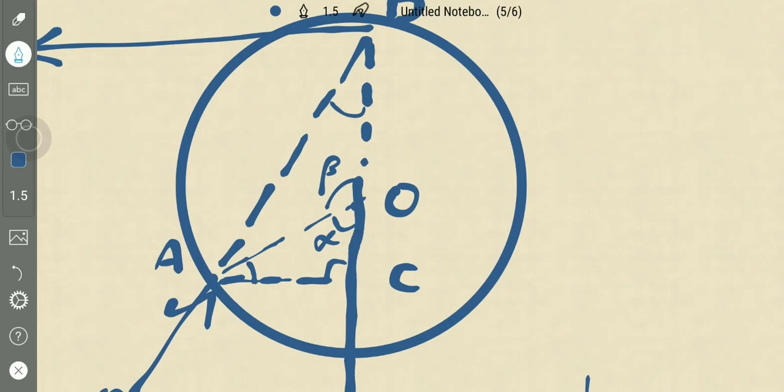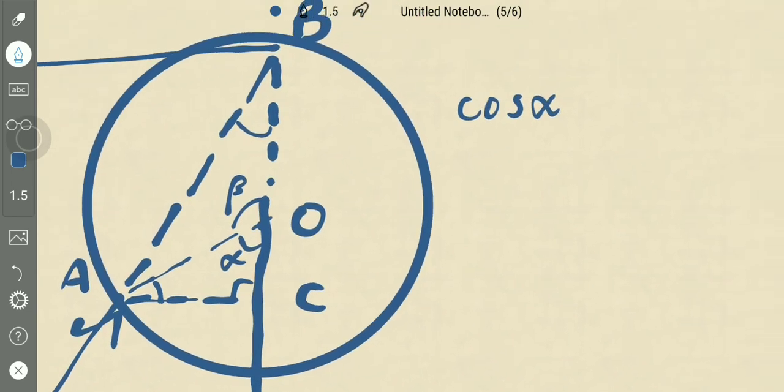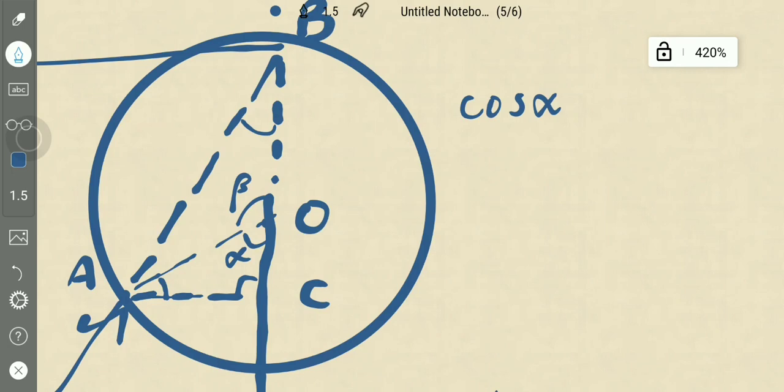Let us take cos alpha. What is cos alpha? Alpha is this here. Adjacent divided by hypotenuse is cos. What is the adjacent side of alpha? It is OC. OC divided by hypotenuse OA.